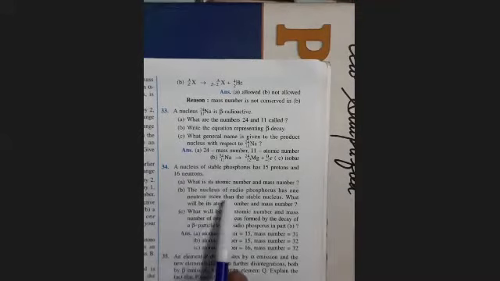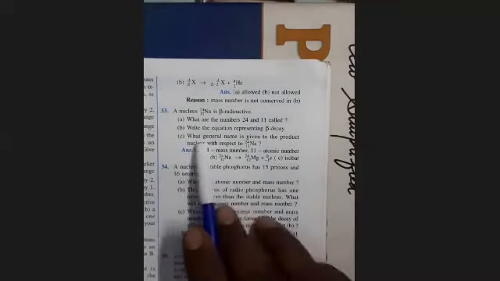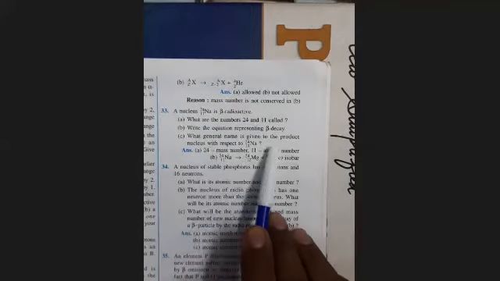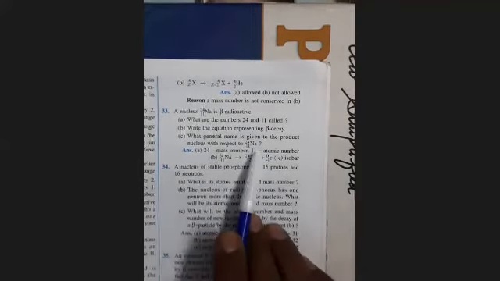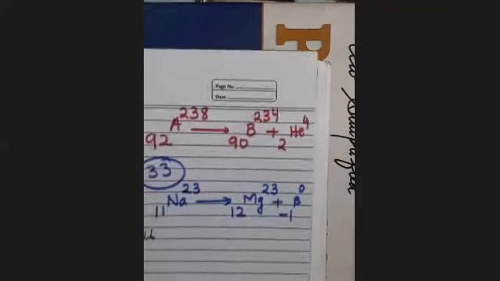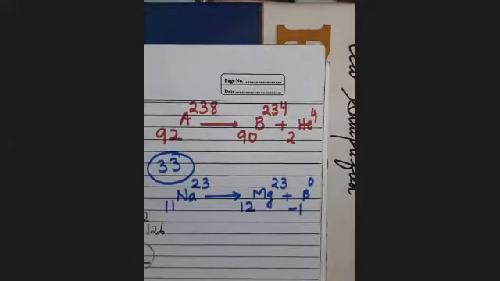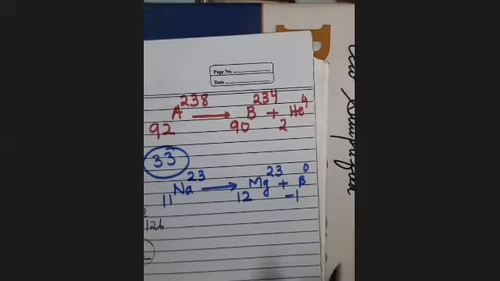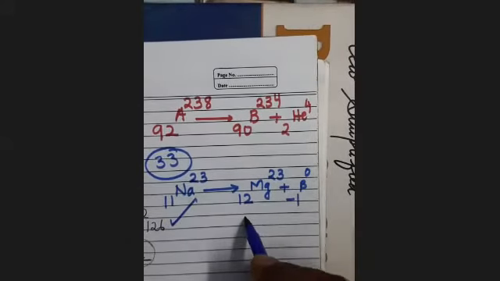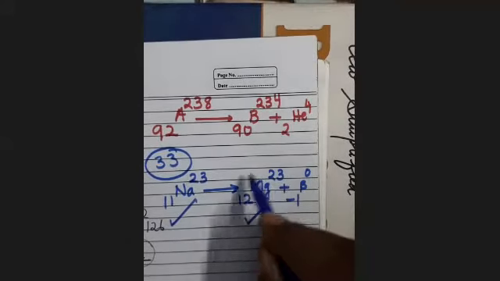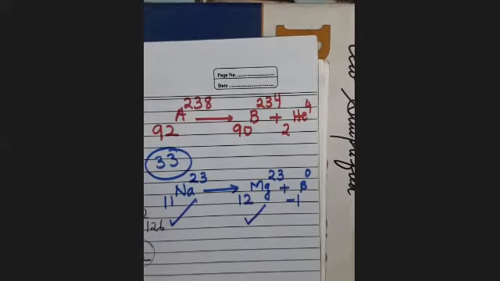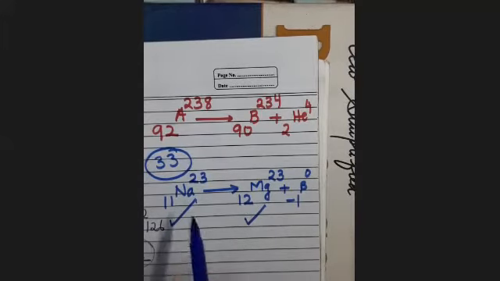Then the question asks, what general name is given to the product nucleus with respect to the parent nucleus? The product nucleus is 12Mg24.